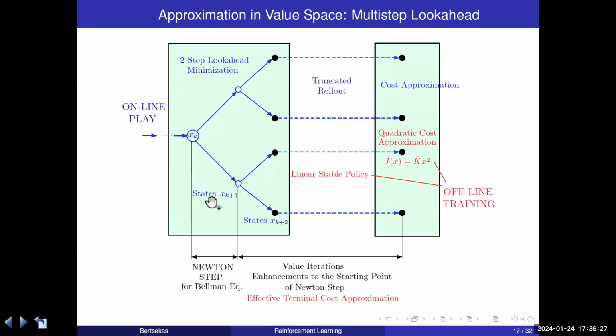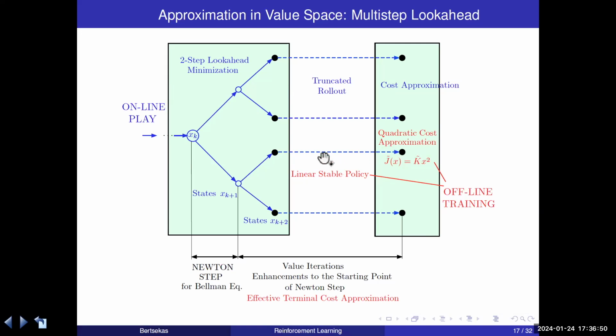This shows two-step look ahead minimization. At the current state, we look 2 steps ahead at all the possible states that can occur, and then we take a cost function approximation, which may be preceded by truncated rollout. And the cost function approximation for the linear quadratic case is quadratic, given by this K tilde.